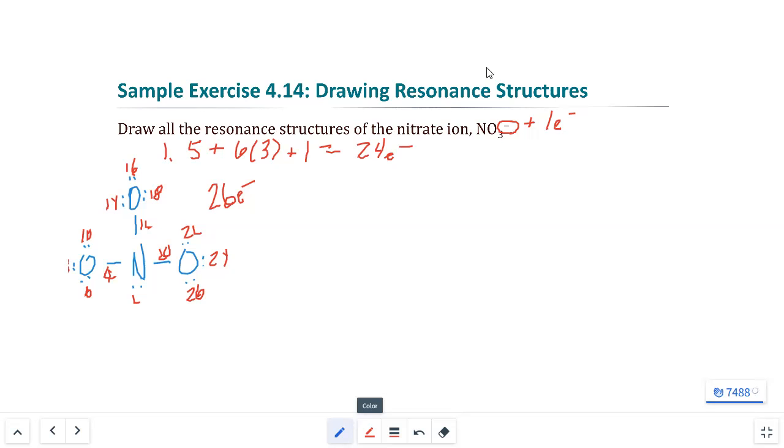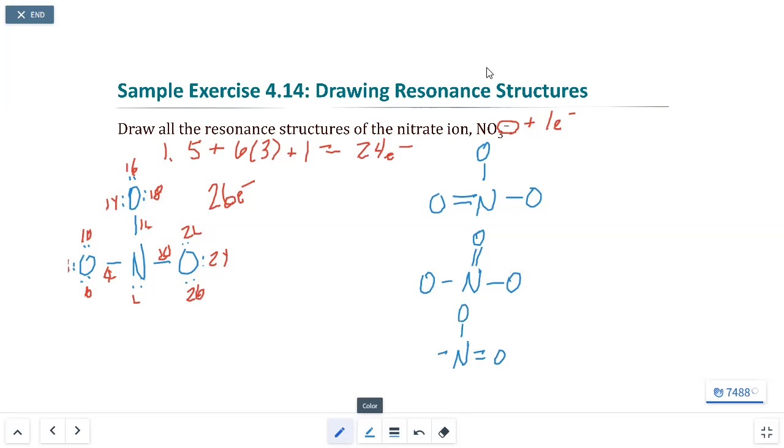This time I'm only 2 electrons over, so I only need to add 1 extra bond. But the question is, where do I add that bond? That's where the resonance comes in. It is equally likely that that extra bond will be on the left as it would on top or on the right. I just need to fill out the octets for everybody.